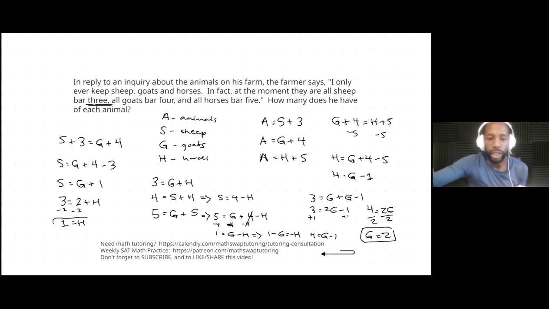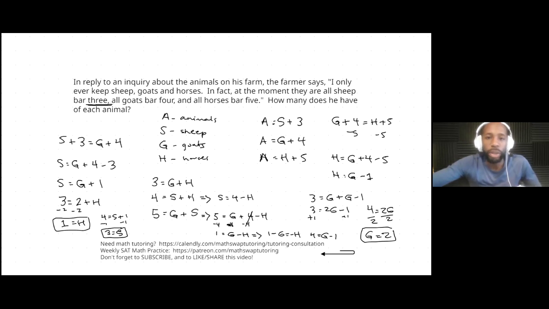Then we can plug in either 1 for the horse or 2 for the goats. I'll plug in 1 for the horse. So 4 is equal to sheep plus 1. So the number of sheep is 3.